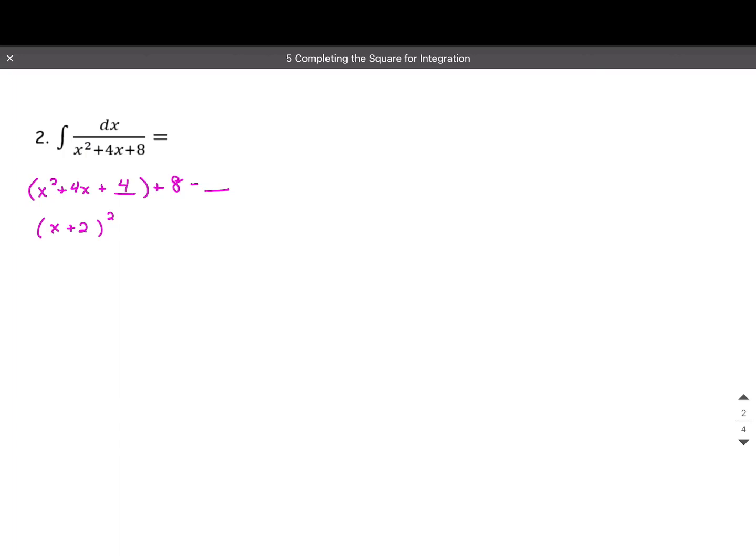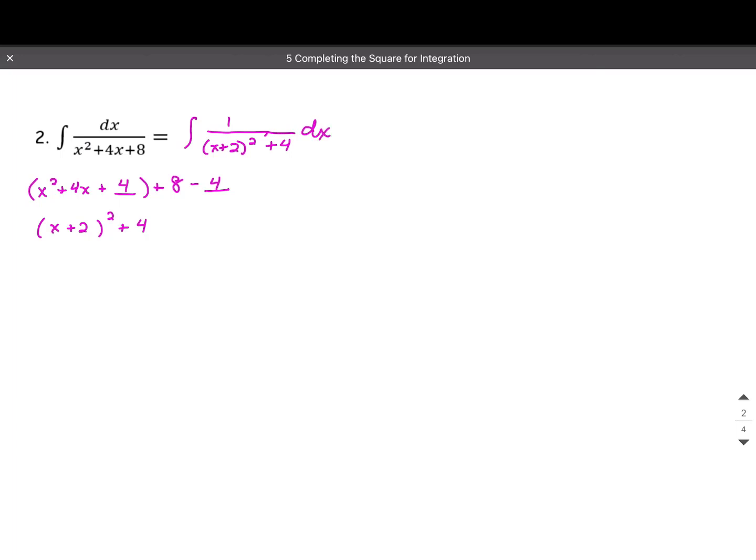So if I add 4, I have to subtract 4. And 8 minus 4, that's plus 4. So this is going to be my denominator now that I've completed the square. So we're going to have 1 over x plus 2 quantity squared plus 4 dx.